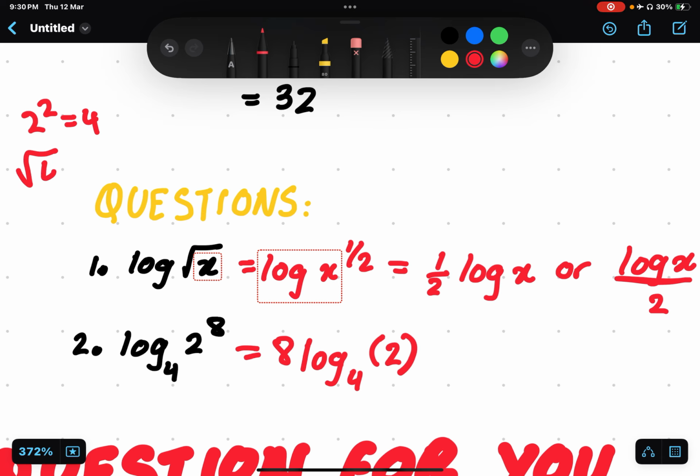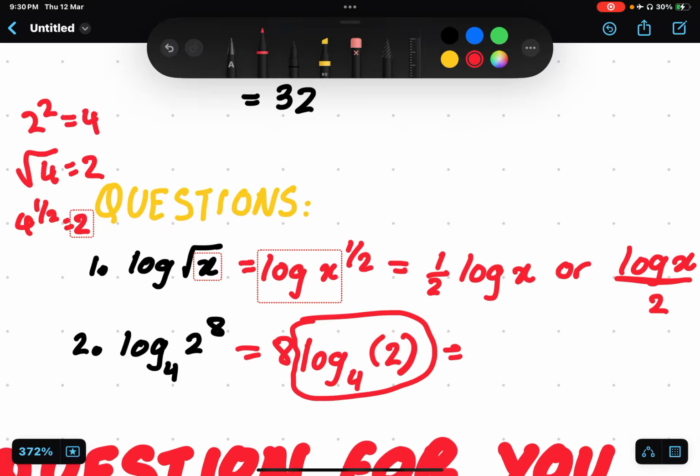That means root of 4 is equal to 2. That means 4 to the power of a half is equal to 2, as we discussed earlier. So this whole thing becomes 8 times 1 half, and that is equal to 4.